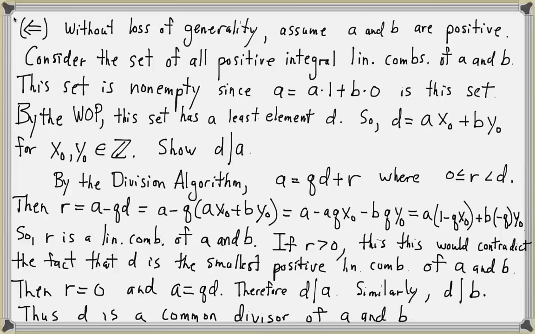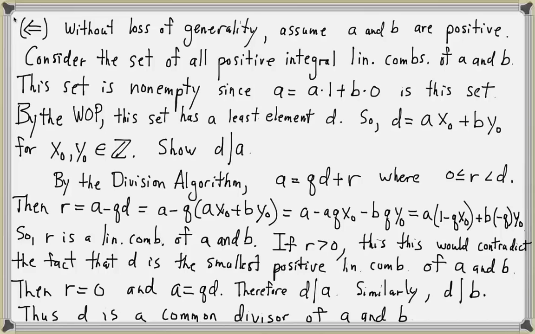So let's recap so far. We're trying to show that if the greatest common divisor of A and B divides a number C, then AX plus BY equals C has a solution. What we're showing in this part of the proof is that I can write D as an integer linear combination of A and B. And then we're going to show that D actually equals the greatest common divisor.